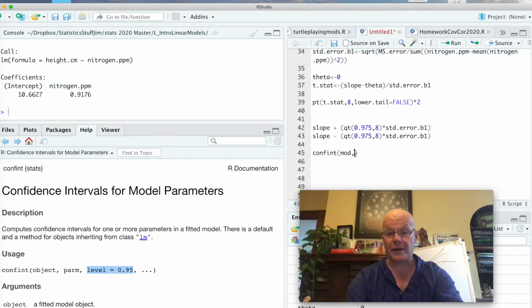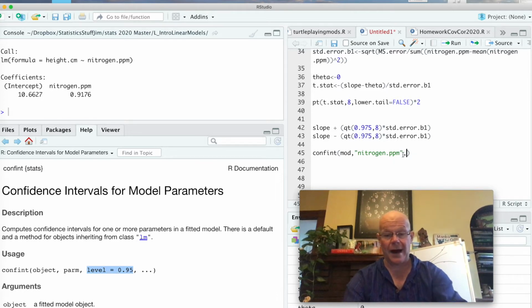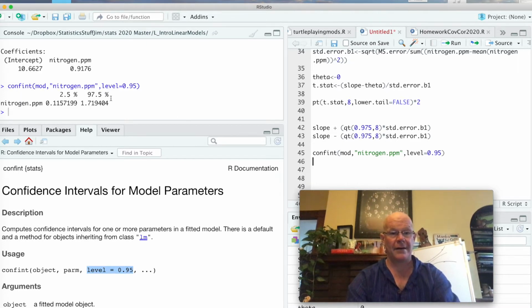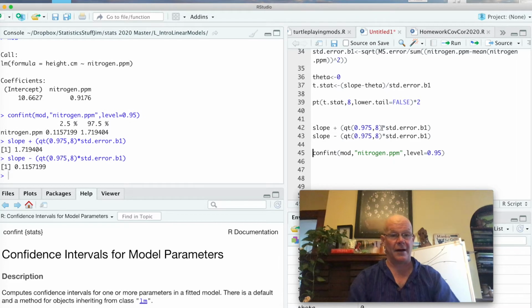So I'm going to put that in quotes because that's what it wants, because it's a name of something. And then for level, I could just leave it blank because the default is 0.95, but for our purposes right now, let's be explicit and say I want the 95% confidence interval. I do that. There's the 95% confidence interval. Those are the same values that we got when we did it longhand.